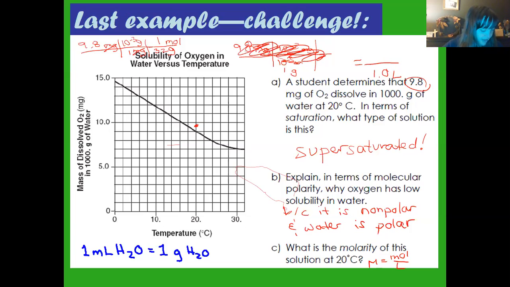Wow, divided by 1,000. Now divided by 32. Ooh, that's hardly any moles. 3.1 times 10 to the negative 4. So I'll put that over here.